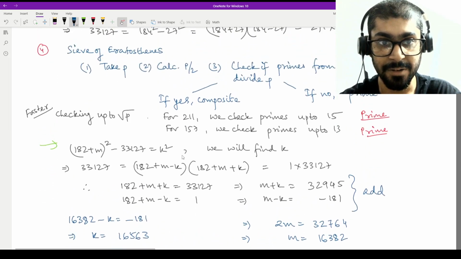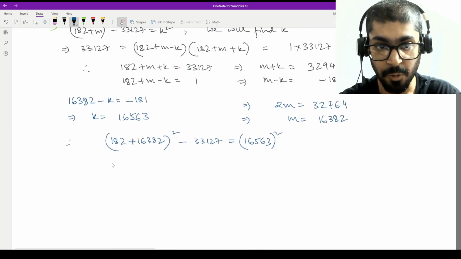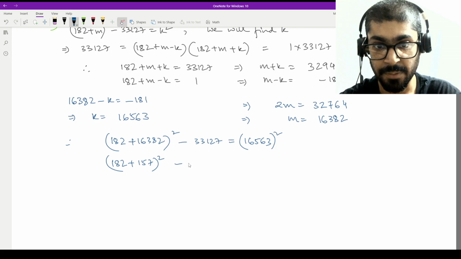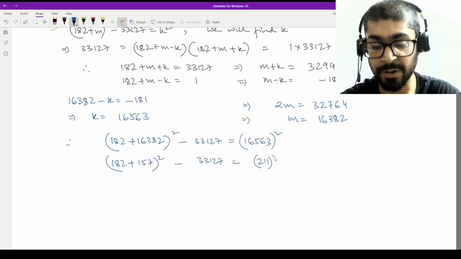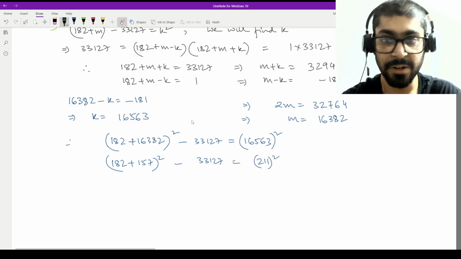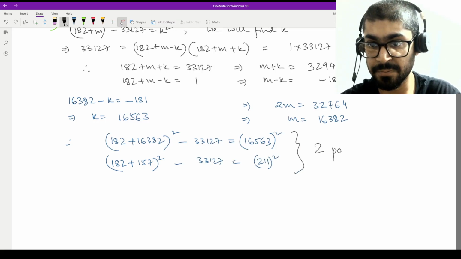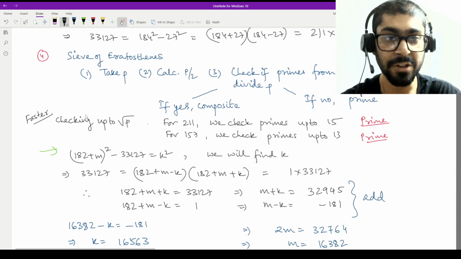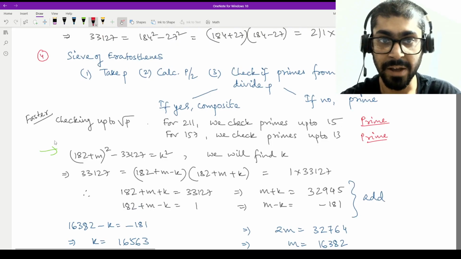So again we can use this (182 + 157) whole square minus 33127 is equal to 211 whole square. So these are the only two possible solutions. One of them was given and the other we had to calculate.